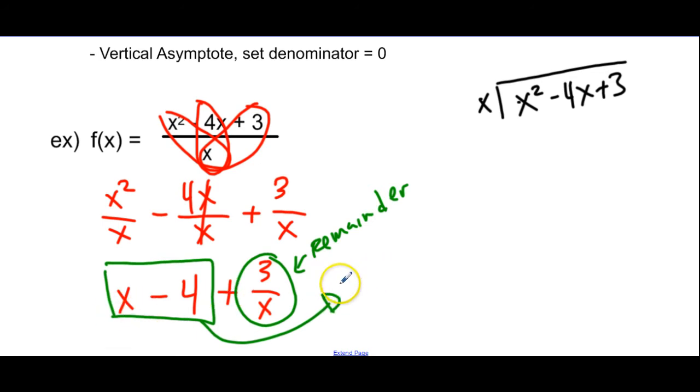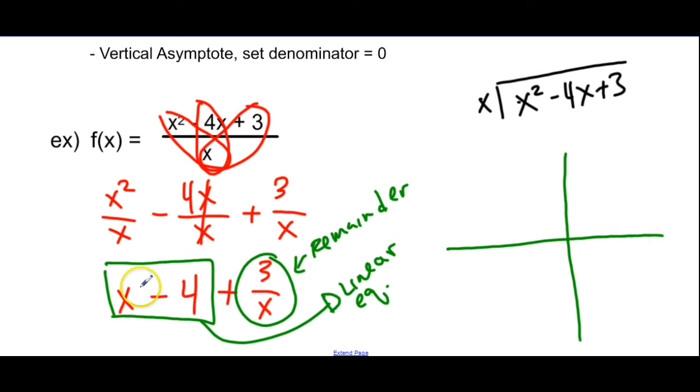This is actually, again, a linear equation, so it's going to be a line. What that means is y equals x minus 4, that's where your slant is going to be. It's going to look something like that.